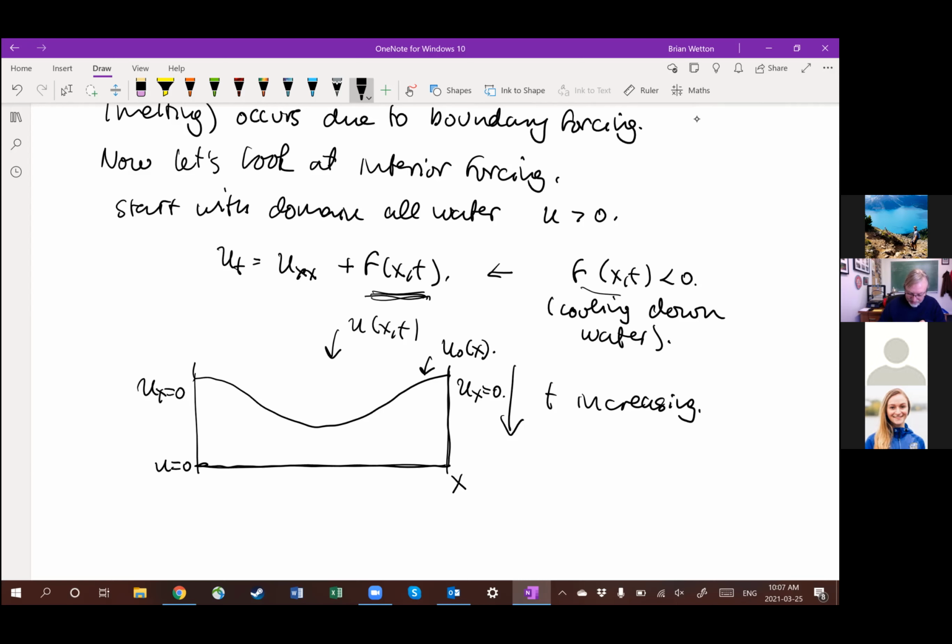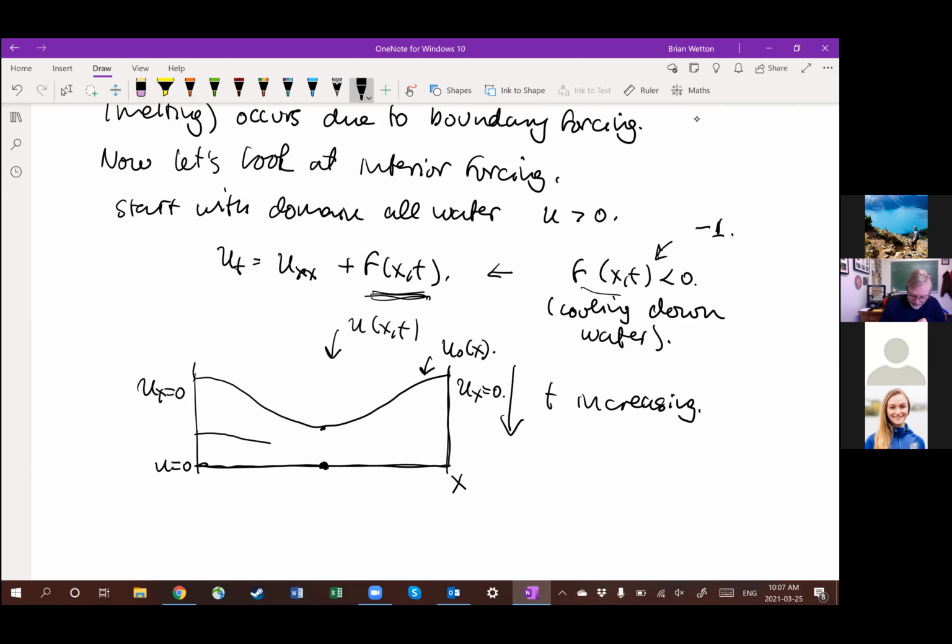And at some point, as I keep cooling it down, let's suppose that this F is just -1, so it doesn't depend on X and T. It's just uniformly cooling everything. Well, at some point, I will hit a 0 temperature, and it will happen here.